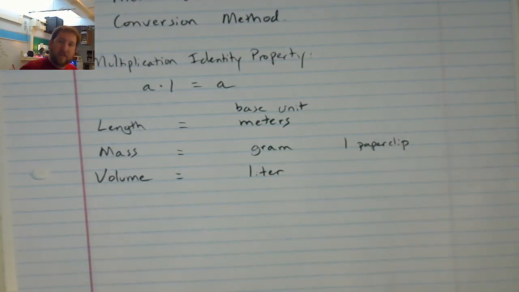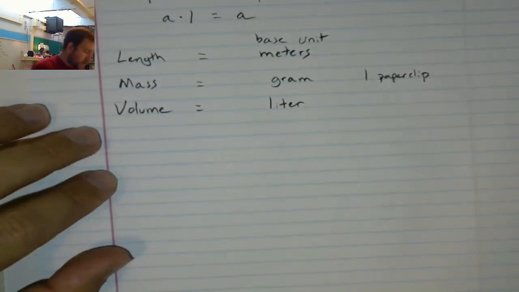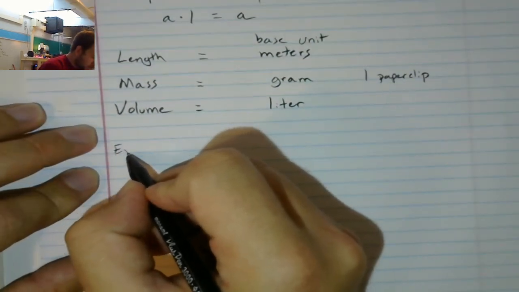So what this section is going to ask us is, if you have 340 centiliters, how many liters exactly is that? And here's how we're going to do that, and this is the conversion method we're going to use. So let's write our little problem. We have example 1.